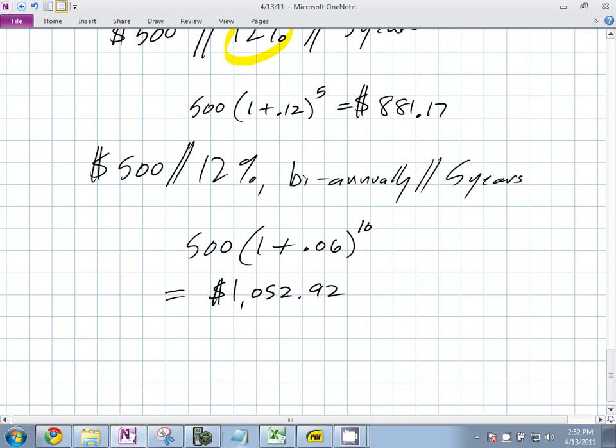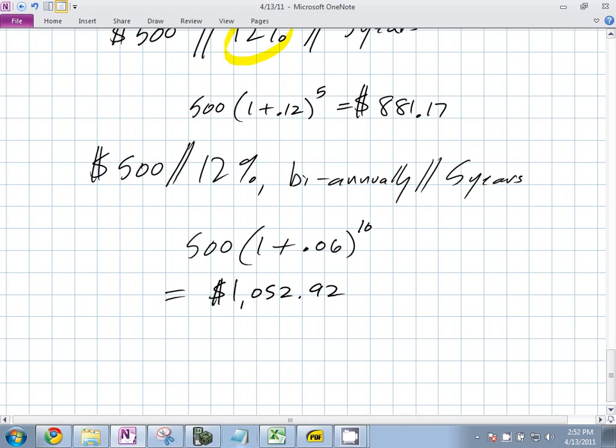So if you think about it, instead of getting 12% at the end of the year, you're getting 6% halfway through and then 6% at the end. You're getting half of the interest early. So instead of getting all of the interest at the end of the year, where's the interest getting added in? Biannually.